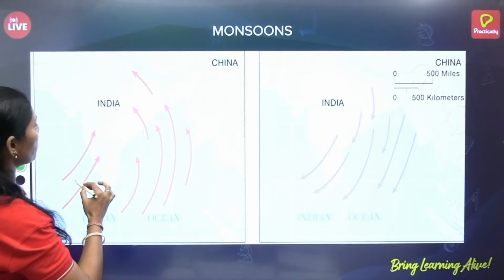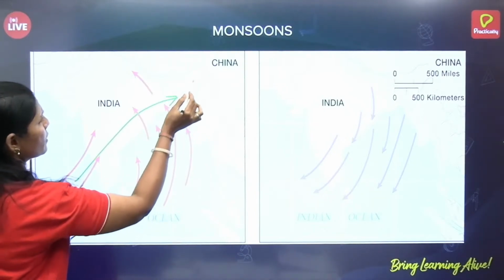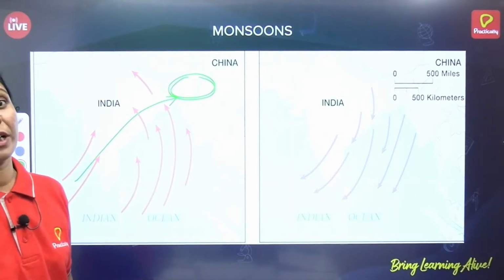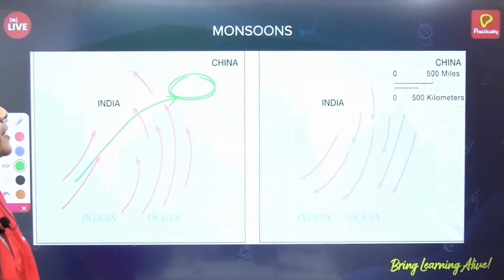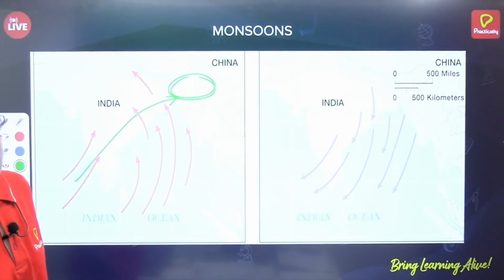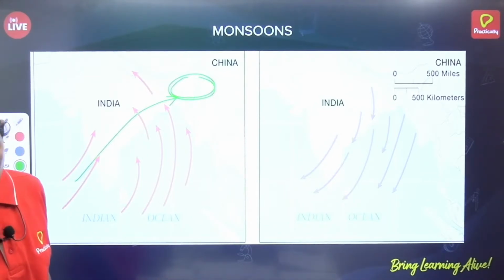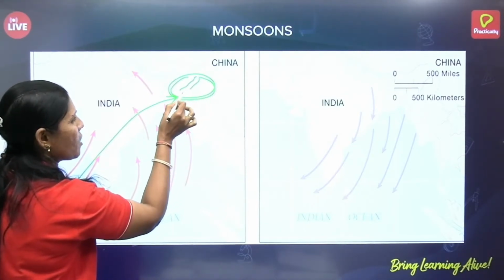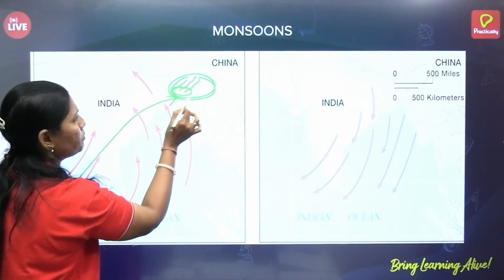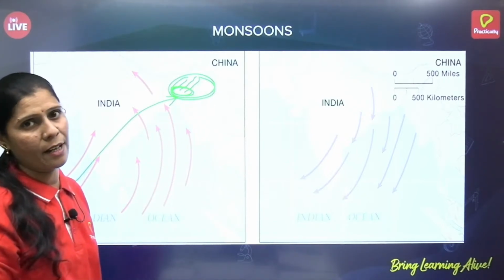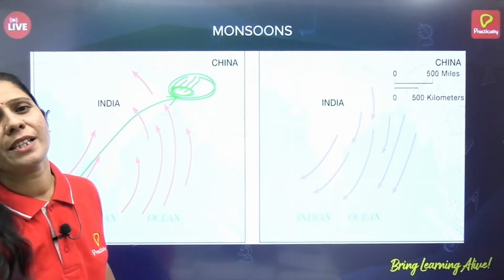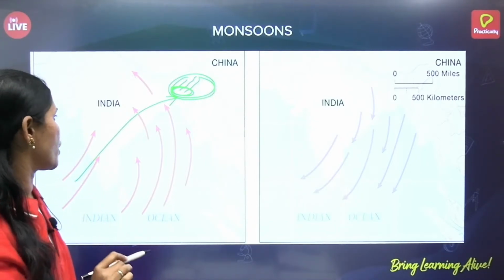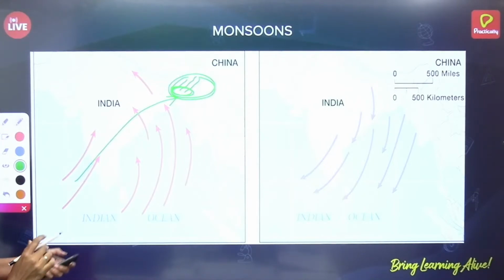Because when the monsoon winds are traveling like this, as I told you in my previous slides, even the Brahmaputra River experiences heavy rains every year and floods. This is a place in Meghalaya, Mawsynram, the wettest place, which experiences more rains. And there is an important thing to be noted here.